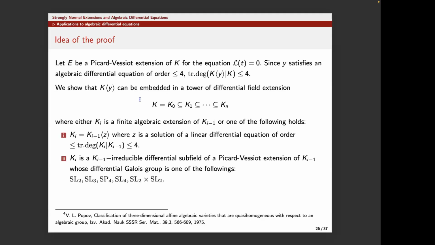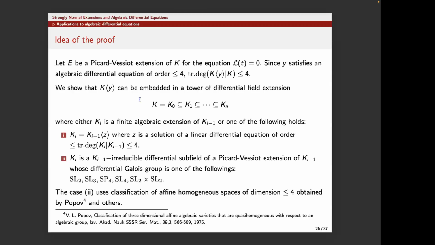Then we saw that this differential field can be embedded in a tower of differential fields where each component is either generated by a solution of a linear differential equation of order less than or equal to the transcendence degree, or it is an irreducible differential subfield of a Picard-Vessiot extension of K_{i-1}, whose differential Galois group is one of the following: SL2, SL3, SP4, SL4, or SL2 times SL2.